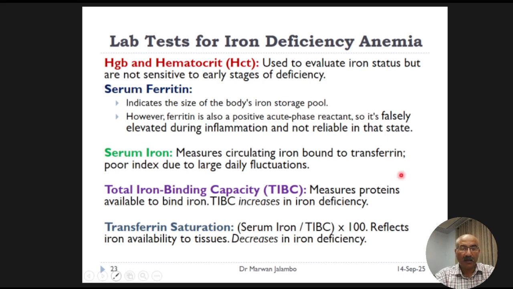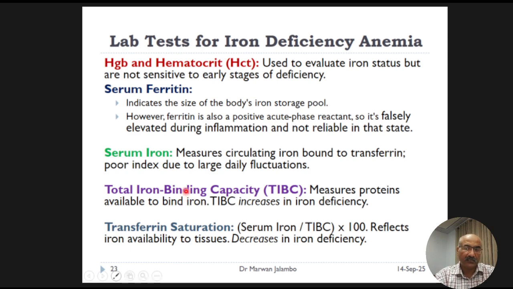So serum iron measures the iron circulating in the blood, but it's a poor index because it fluctuates dramatically throughout the day. Total iron binding capacity measures the capacity of the protein transferrin to bind iron.